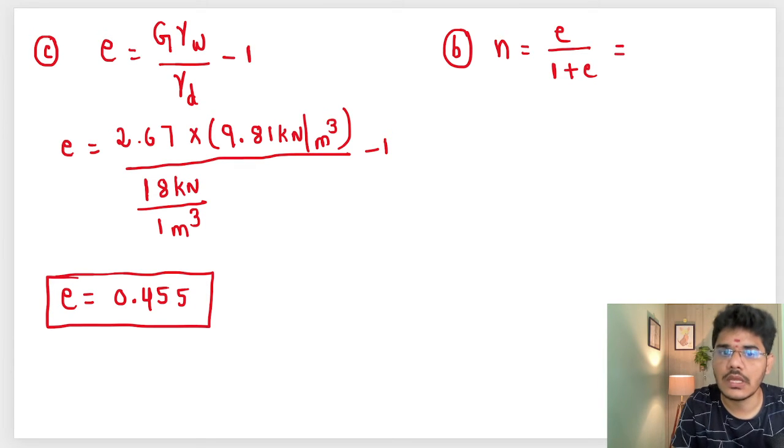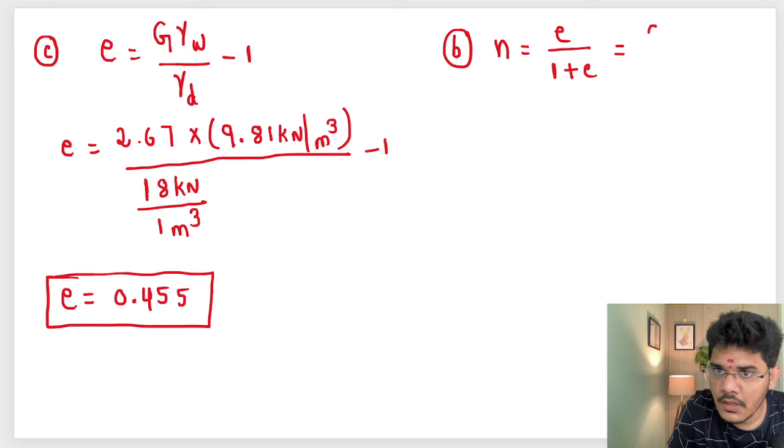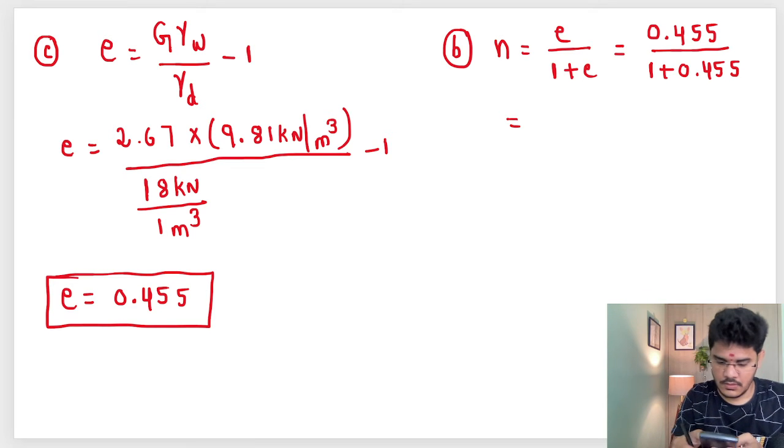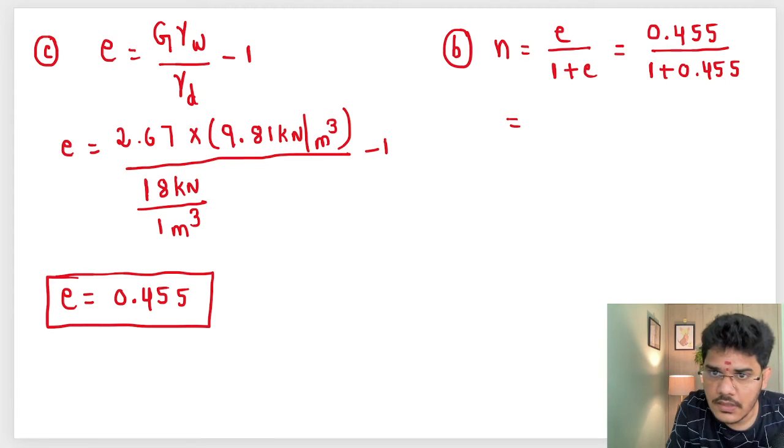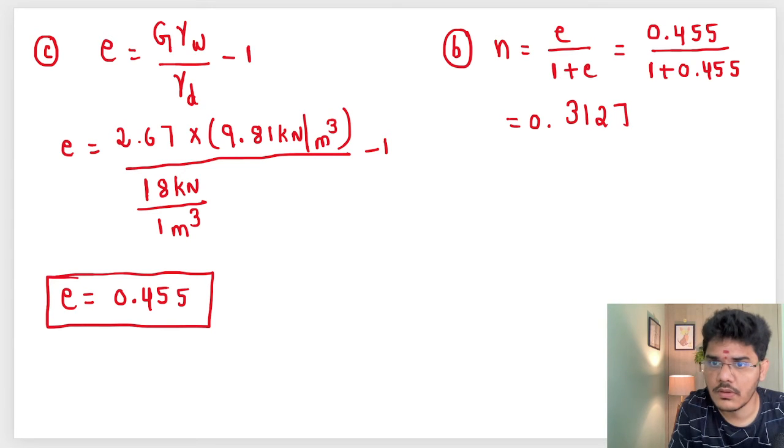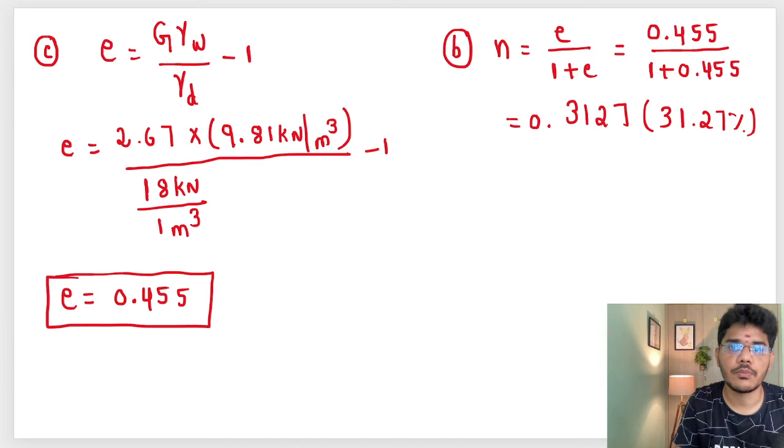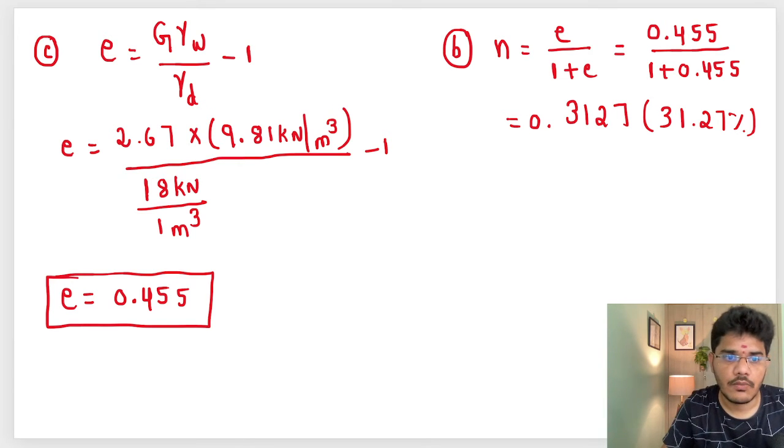The e value is 0.455, so 0.455 divided by 1.455. So n comes out to be 0.3127, or 31.27%.